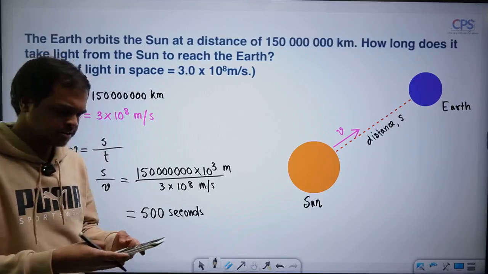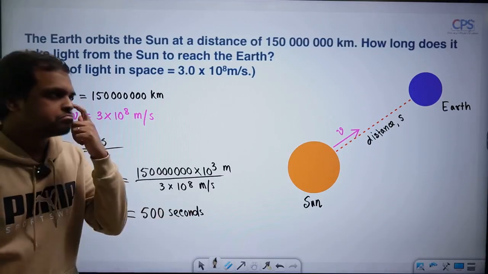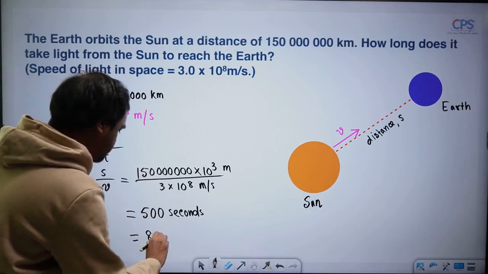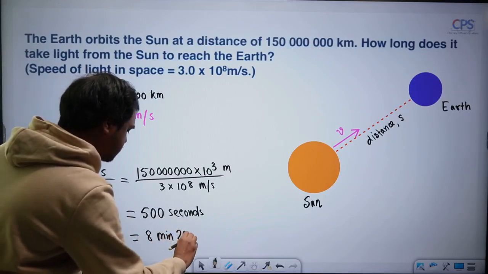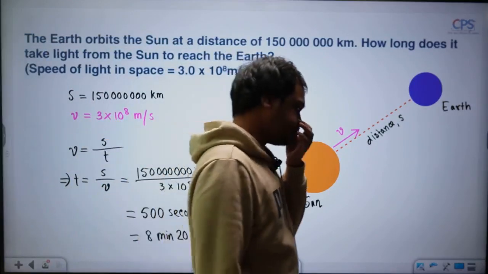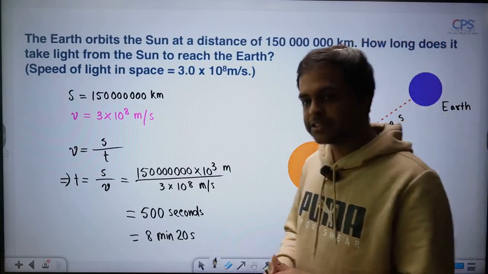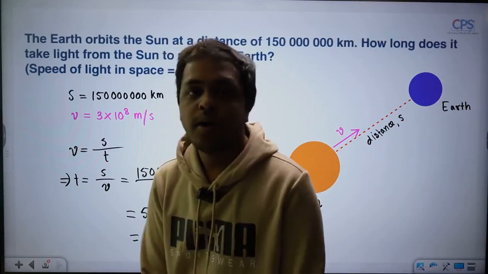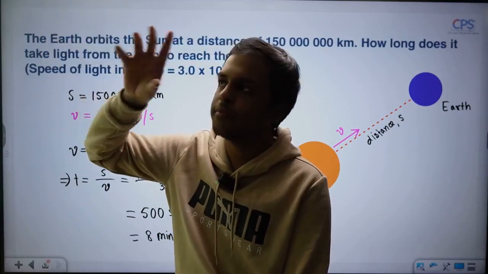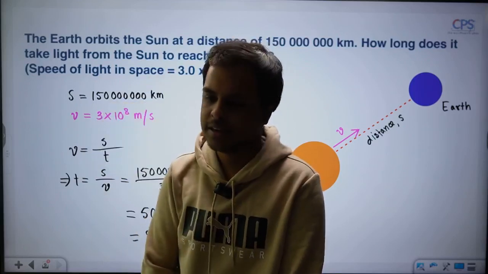If you go by minutes, it's 8 minutes and 20 seconds. That's pretty much the real value. So that's the fun fact about the light we see from the sun. Whatever we see, if you look at the sun with your eyes, you are watching the past of the sun.